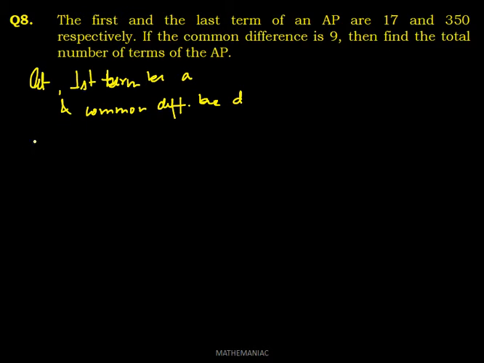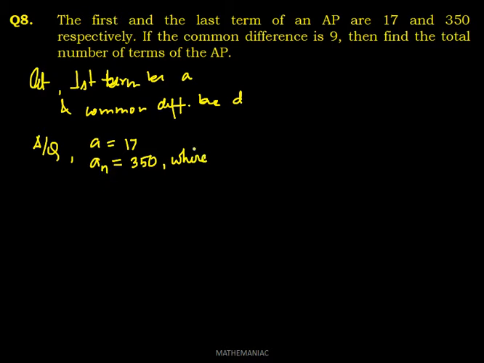Now according to the question, what can we write? First term is given as 17 and the last term, which we indicate as AN, is equal to 350. Now you must talk about the value of N also.